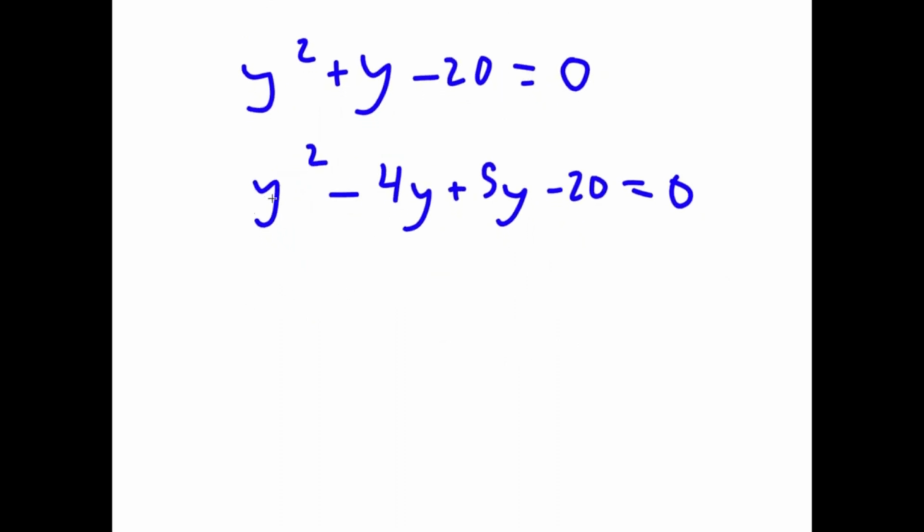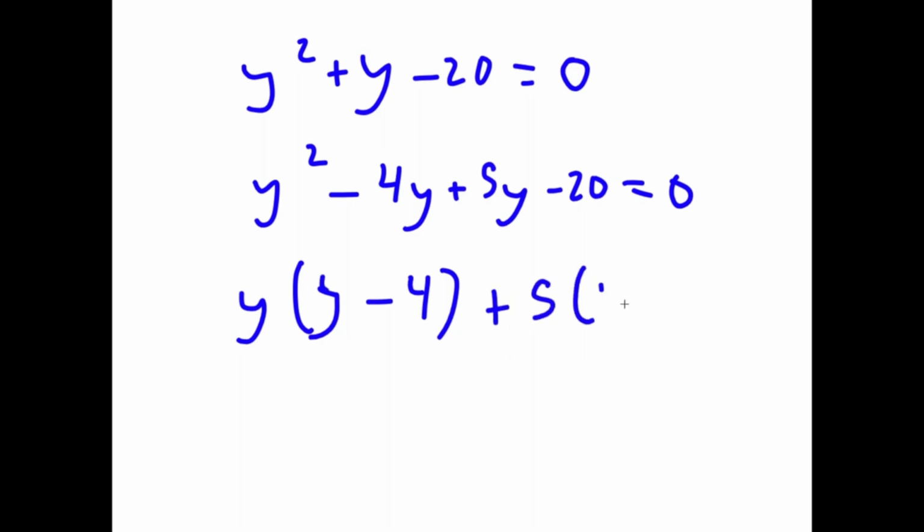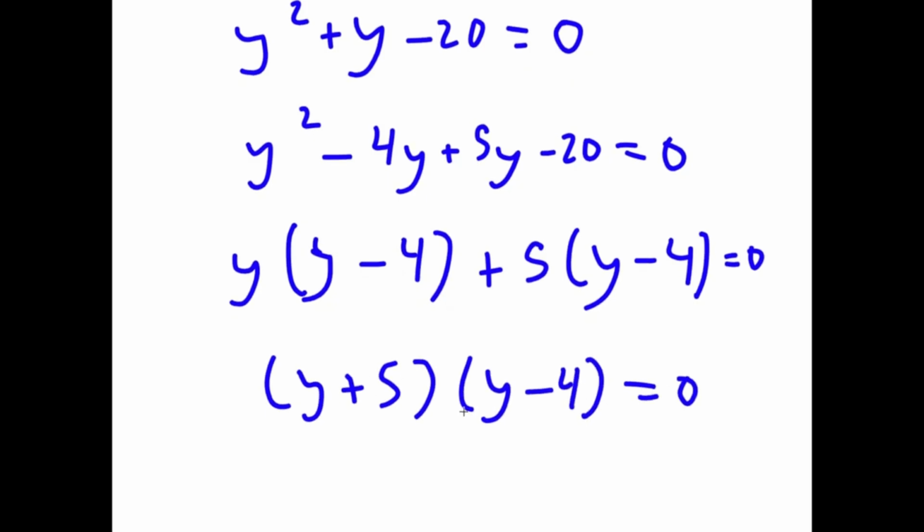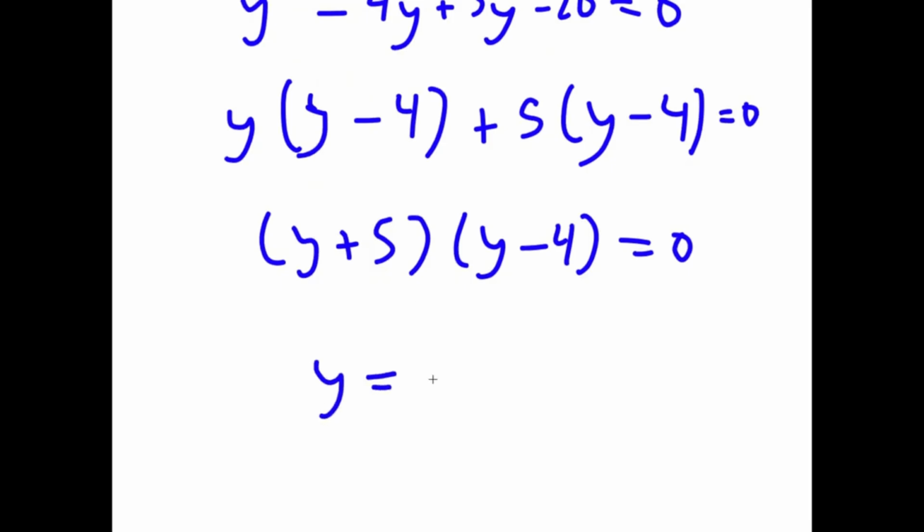So now if I factor by grouping, first we're going to start with y squared minus 4y. If I factor out y, I get y times y minus 4. And from 5y minus 20, if I factor out 5, I get y minus 4. So now I have y plus 5 times y minus 4 is equal to 0, meaning y is equal to negative 5 and 4.